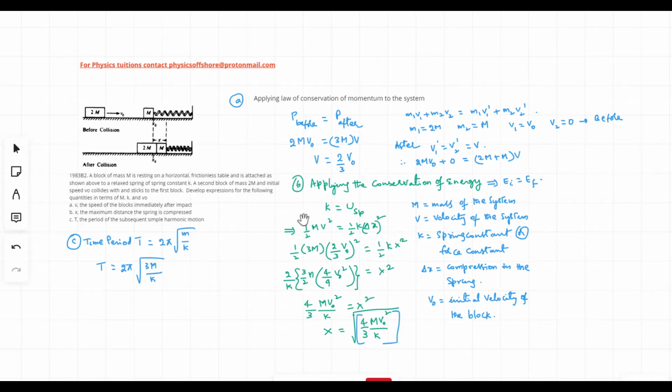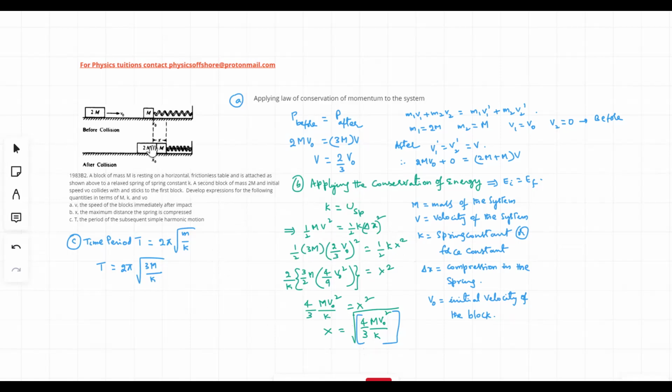In this, mass is the total mass, 3m, and the velocity is 2/3 v0. We have to find x, the compression. On substituting and solving, we get x is equal to the square root of 4/3 m v0 squared over k. This is the compression in the spring.